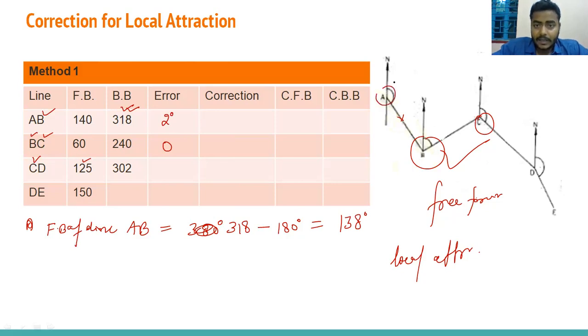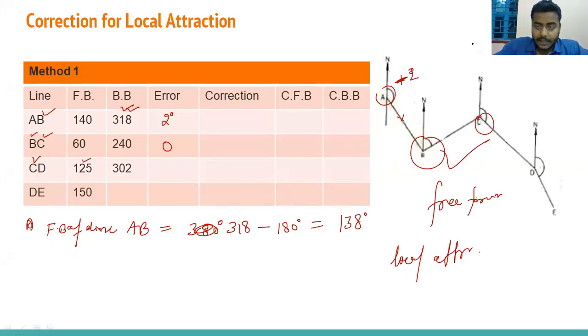So correction would be plus 2 degree. Sorry, correction would be minus 2 degree. You can see in the figure. So whatever reading I have taken from station A, that would be corrected by 2 degree.